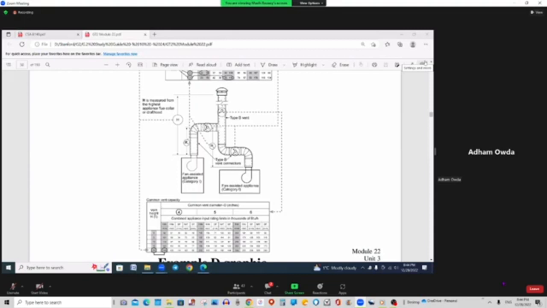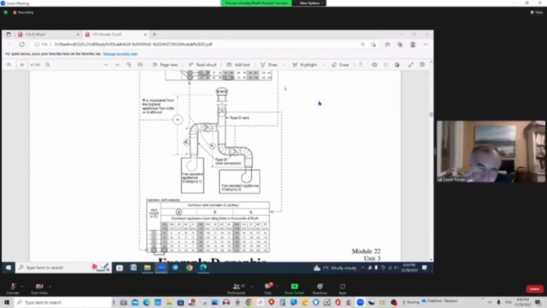Mr. Adam, look at this, sir. When you have one appliance, B vent, B connector, you go to table C1 and find the diameter D. When you have a single appliance, B vent, single wall connector, you go to table C2 and find the diameter.